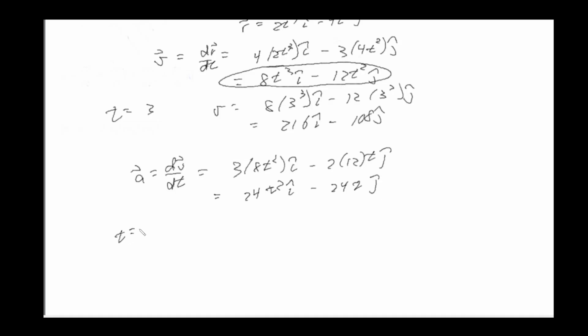And at t equals 5 seconds, we get 24 times 5 squared i minus 24 times 5 j. So our acceleration ends up being 600i minus 120j. And those are our answers.